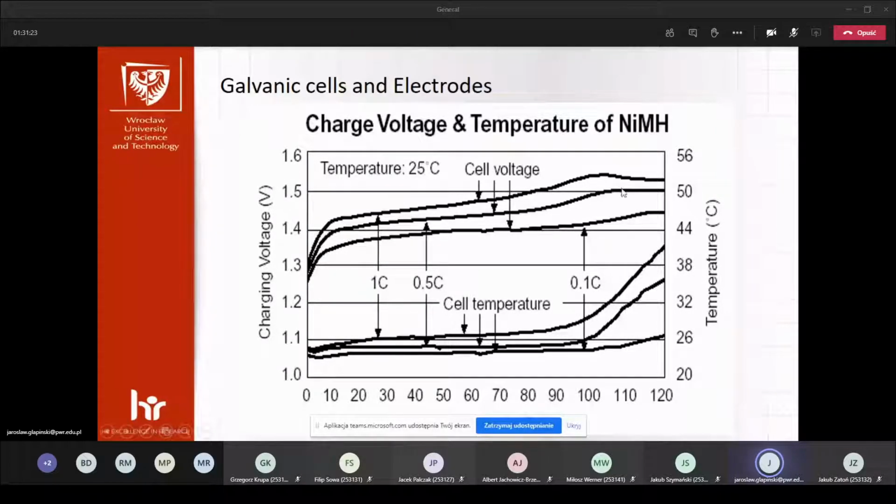So we can't overcharge the element because it loses the voltage. Okay, so we sense the maximum and we stop the process of charging. Okay.